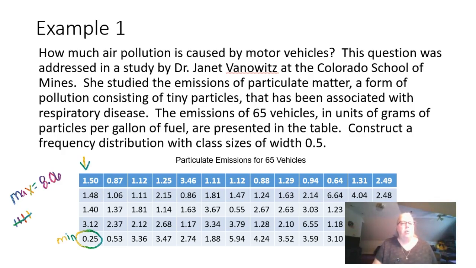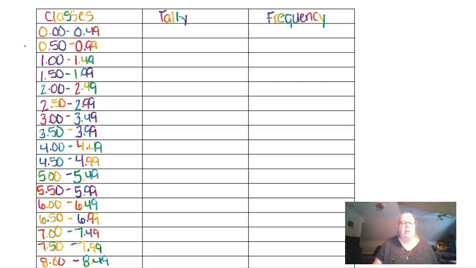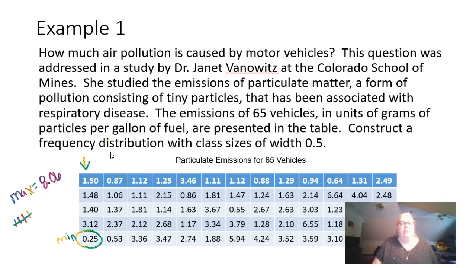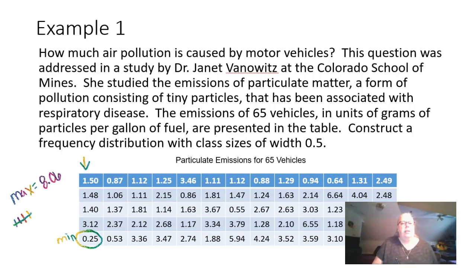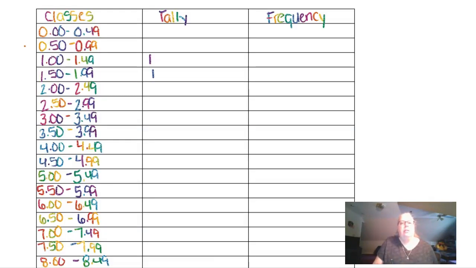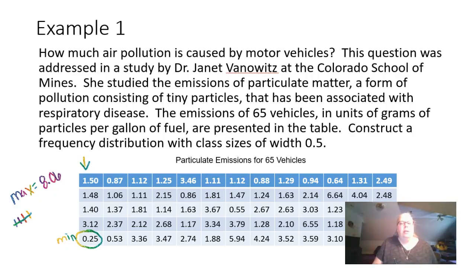Our first number, 1.5, is going to fall right here between 1.5 and 1.99. And then our next number, 1.48, is going to fall right in here between 1 and 1.49. And then our next number, 1.40, is going to fall in the same category here, between 1 and 1.49.